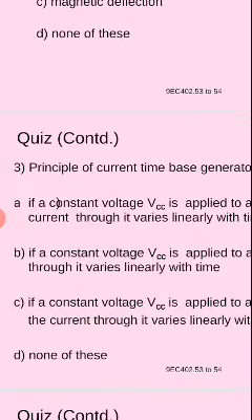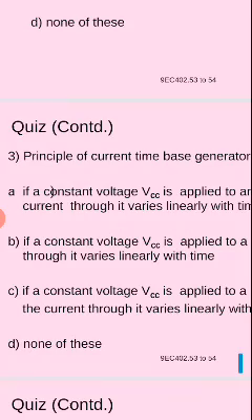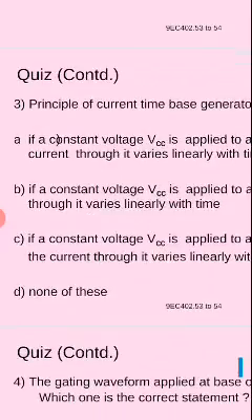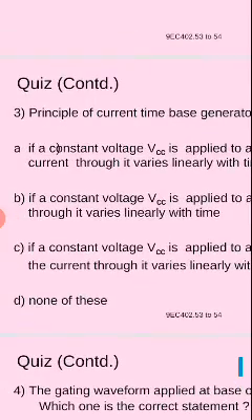If a constant voltage VCC is applied to a capacitor, or to a resistor, the current through it varies linearly with time. Our answer becomes the first one, option A.